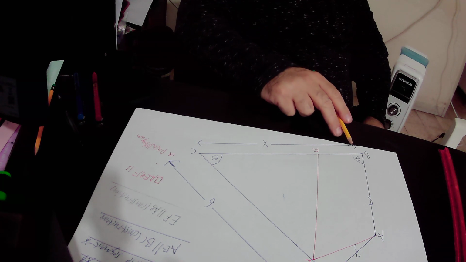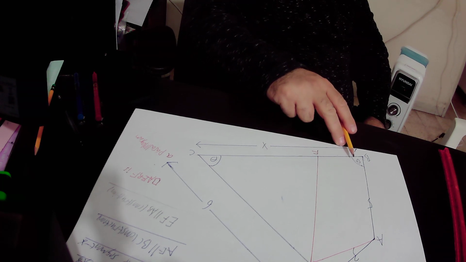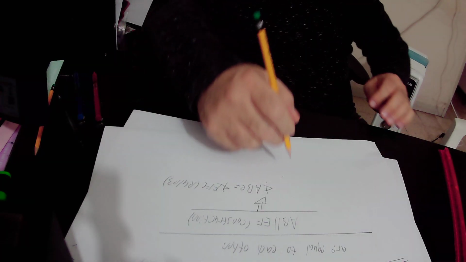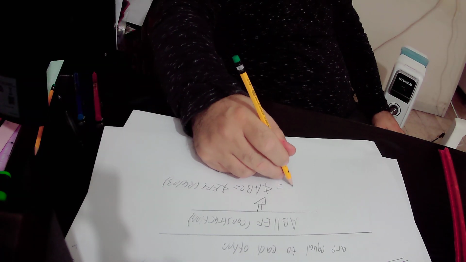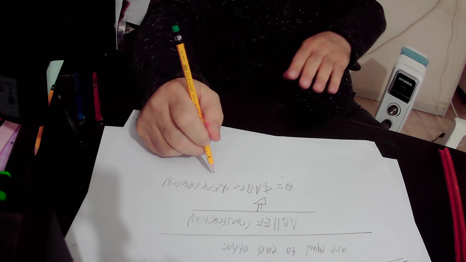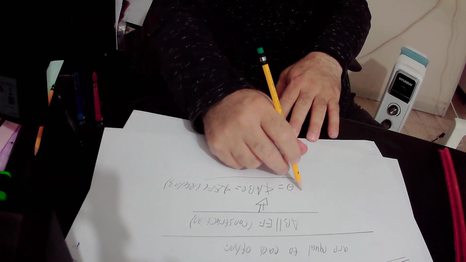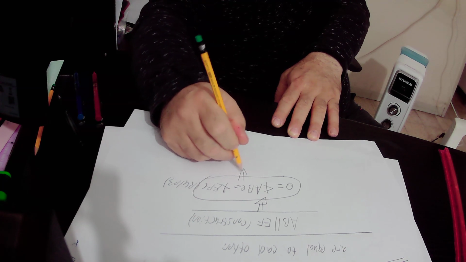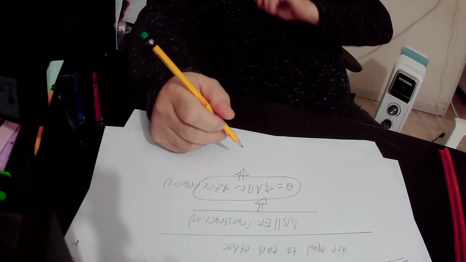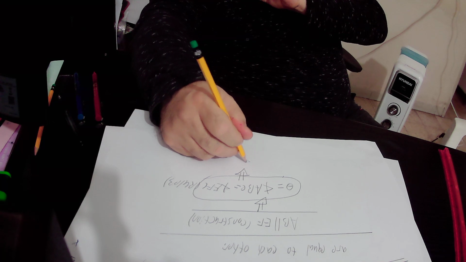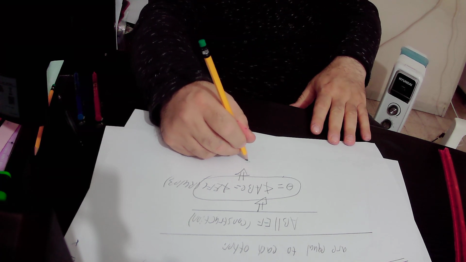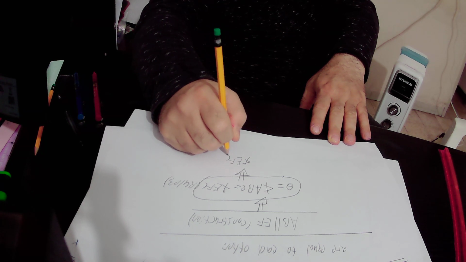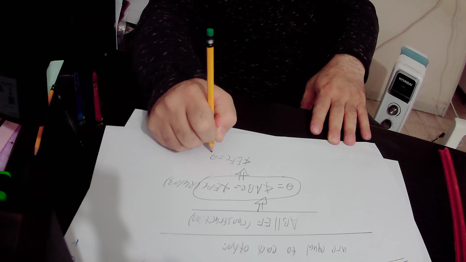But angle ABC equals theta according to what is given in the question. So can I write here that angle ABC equals theta? And from this equation, theta equals angle ABC equals angle EFC, we will derive that angle EFC is also equal to theta.